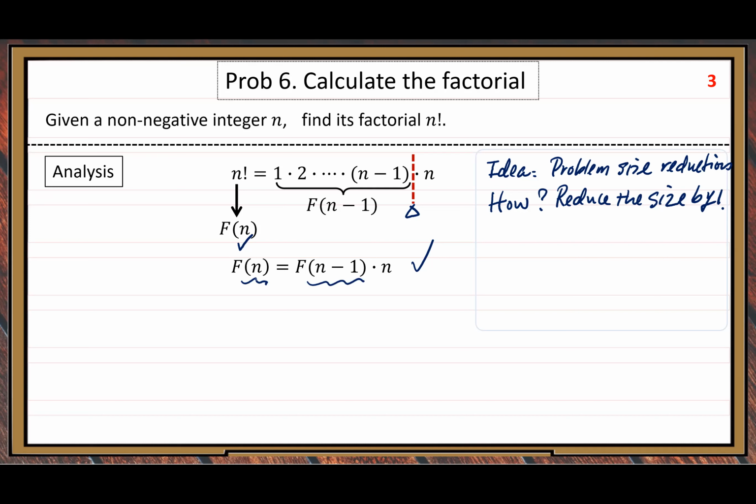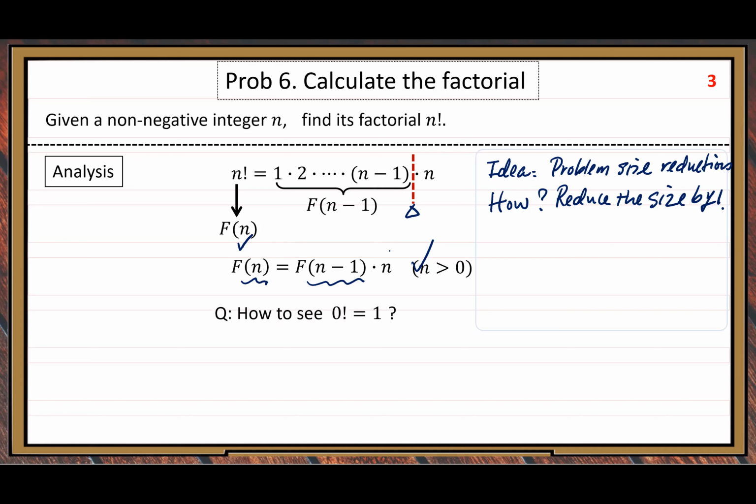This whole equation is the relationship. With this recurrence relation, we can implement it easily. But in our representation, we require that n is greater than 0. Otherwise, we may have trouble. So n must be greater than 0.